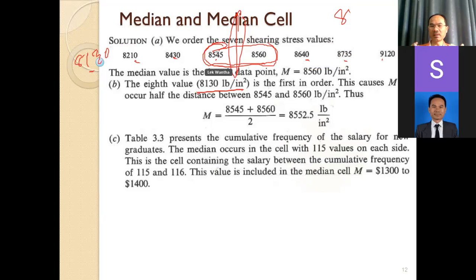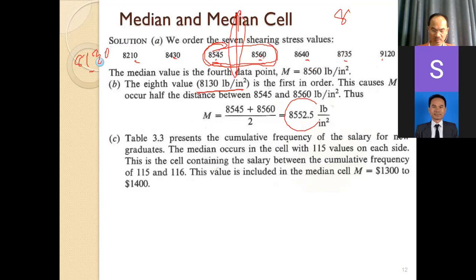You have to calculate the midpoint of these two values, because the median is between them. It should be the sum of these values divided by 2. You get 8,552.5 pounds per square inch. This is the median value.